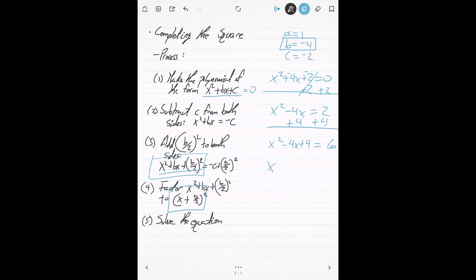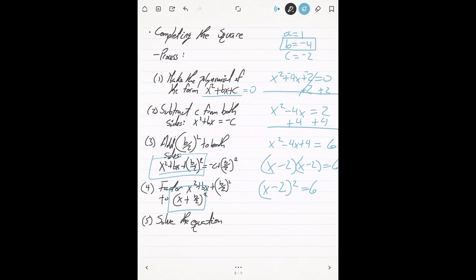So we end up with x minus 2 times x minus 2 equaling 6. All right, we factored it down. We have x minus 2 times x minus 2. We got the same thing twice, hence the completing the square, because we can write it as x minus 2 squared equals 6.